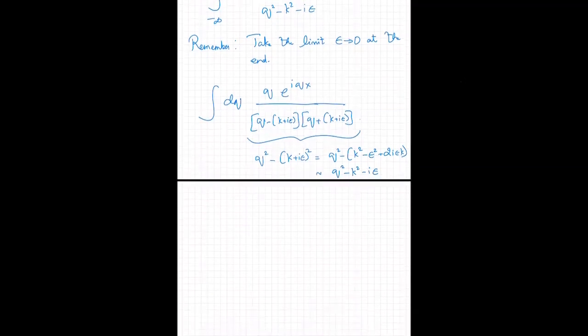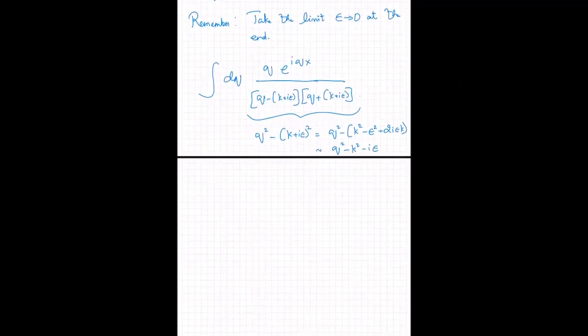So now I have to use contour integration to solve this. This is the complex plane: this is the imaginary q axis, this is the real q axis. First let me look at the poles.